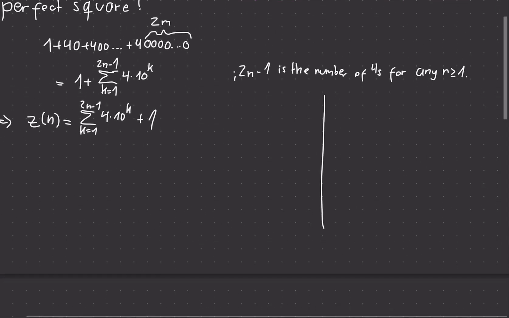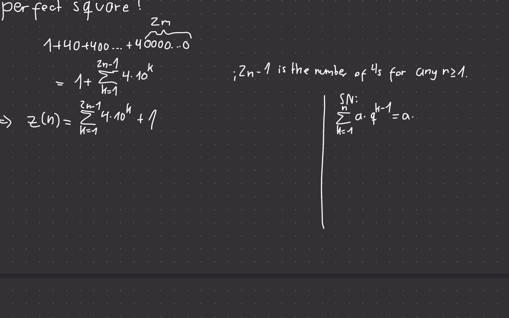Here's a side note: a geometric series of the form sum from k equals 1 to n of a times q to the k minus 1 equals a times q to the n minus 1 divided by q minus 1, for all n equal or greater than 1.